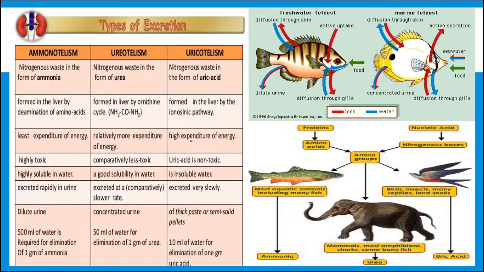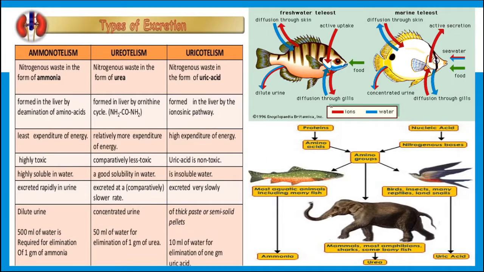Because ammonotelic organisms are living in water, they can afford that extra amount of water to be excreted. But ureotelic and uricotelic organisms are living outside the water, that means they are terrestrial organisms, that is why they can't afford to throw or eliminate extra water outside.